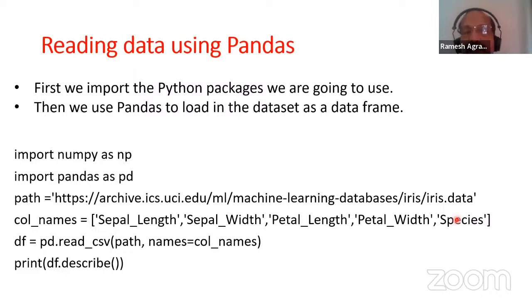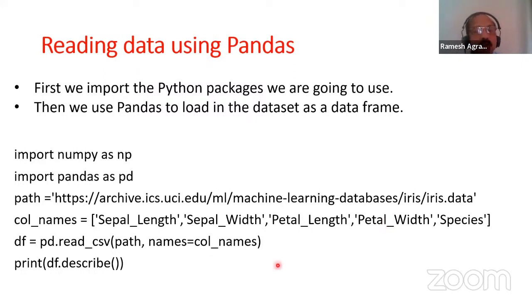I have already said that this data contains 150 samples, and each sample is described in terms of these four features in centimeters. These samples belong to one of the three categories. The first 50 samples belong to Setosa, the next 50 samples belong to Versicolor, and the next 50 samples belong to Virginica.